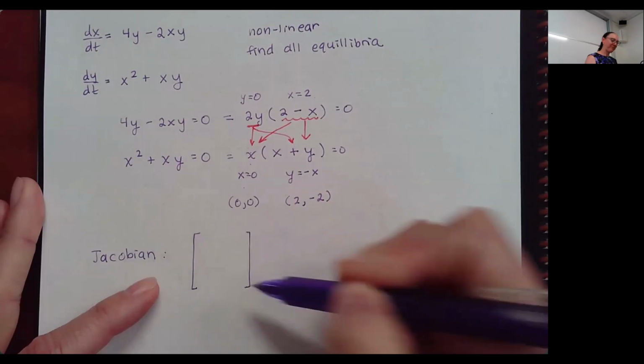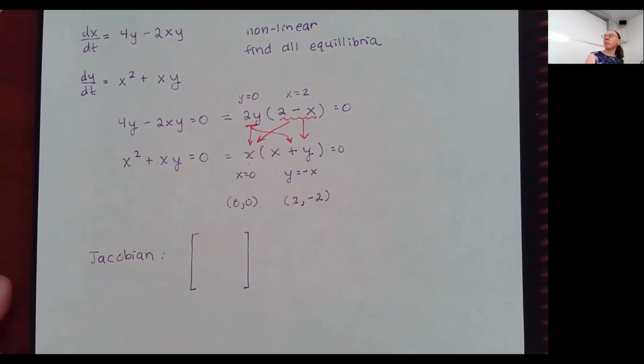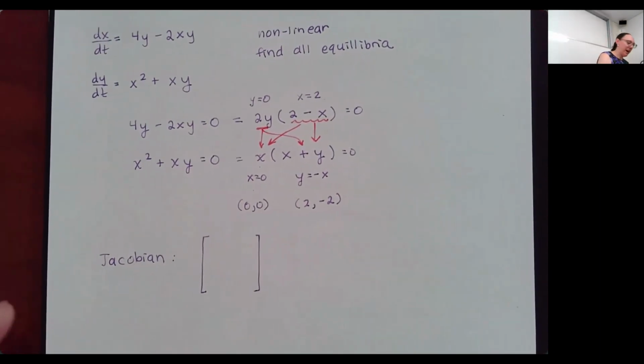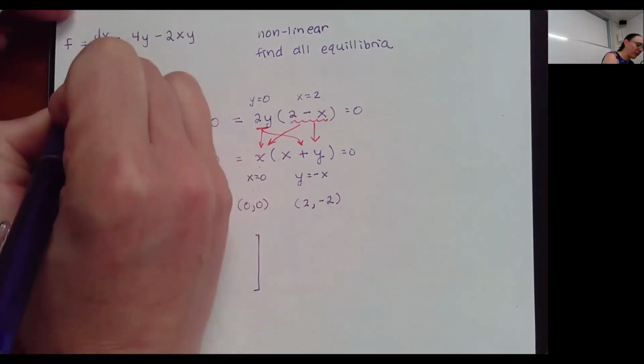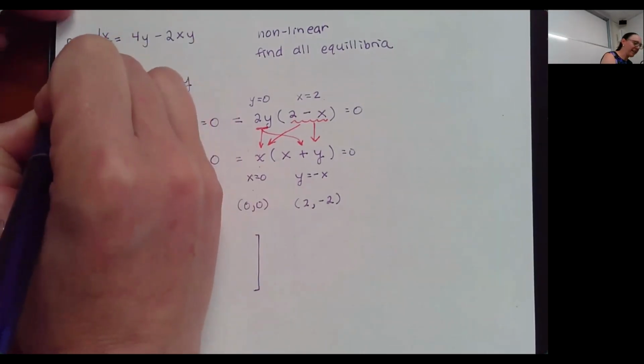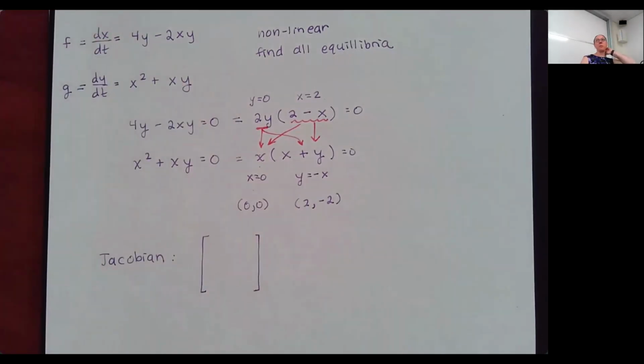For my Jacobian, I'm going to relabel this top equation as F, and I'm going to relabel the second equation as G. And I'm going to use the partial derivatives to say very near this point, if I want to treat it like it's a constant, I'm going to look at the partial derivative near that point.